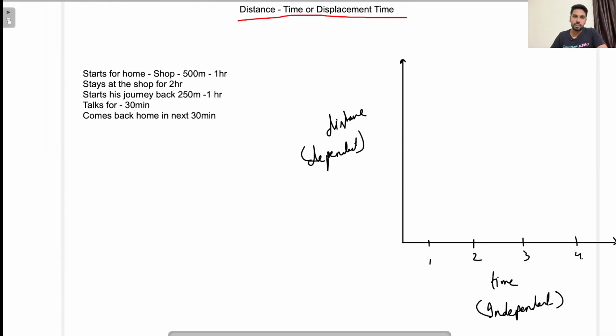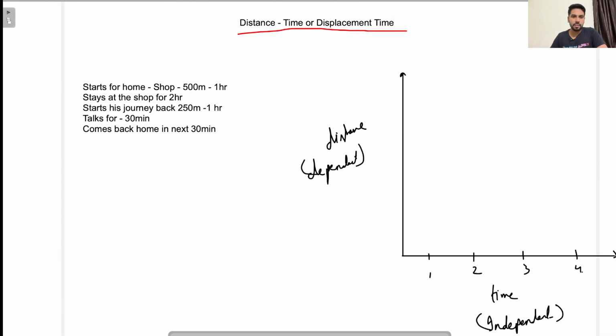Then you have to give the distance axis. So 500 meter. He goes 500 meter and comes back 500 meter. So the total journey is basically 1000 meters. So he has covered a total distance of 1000 meter.